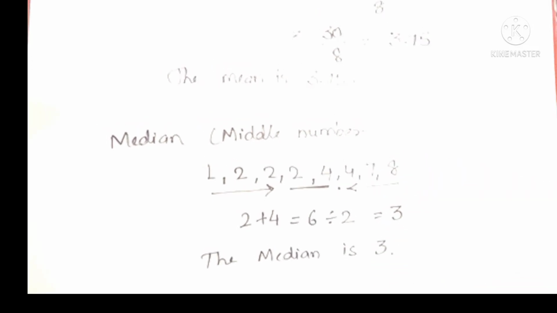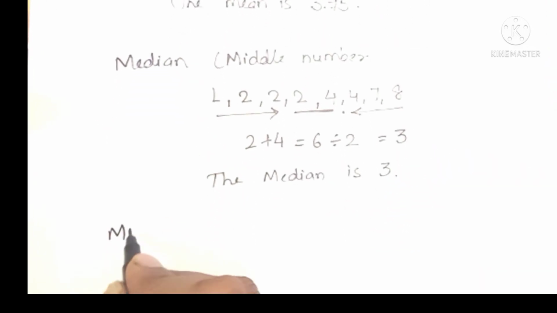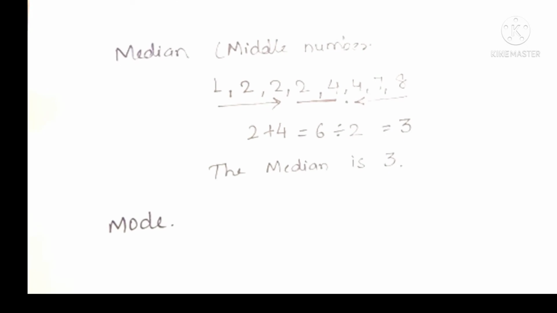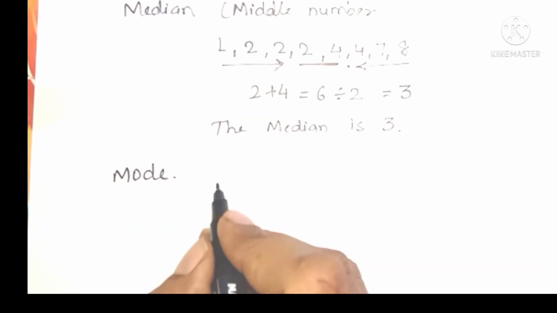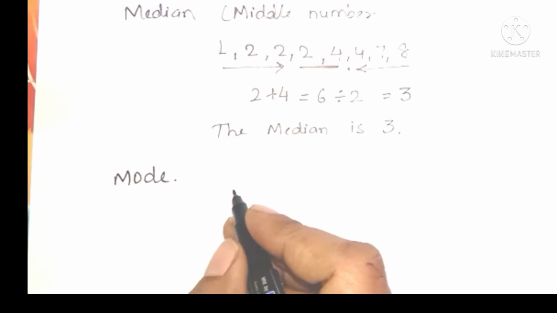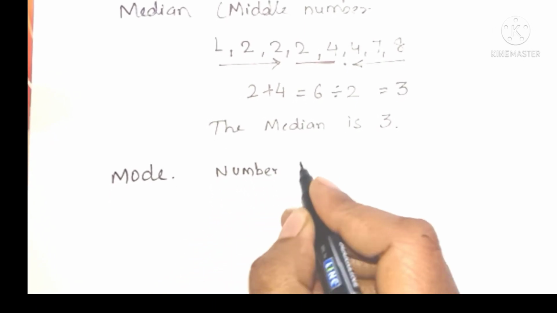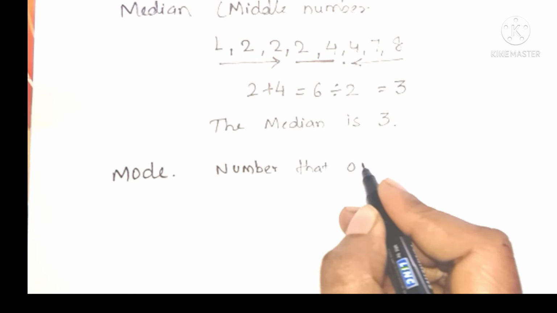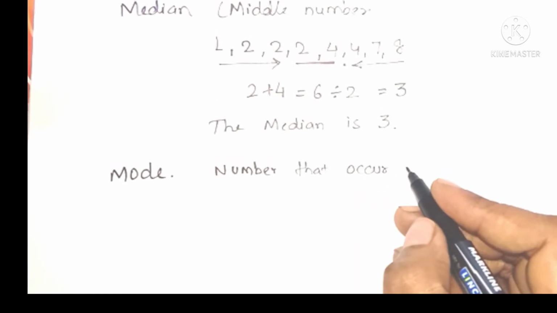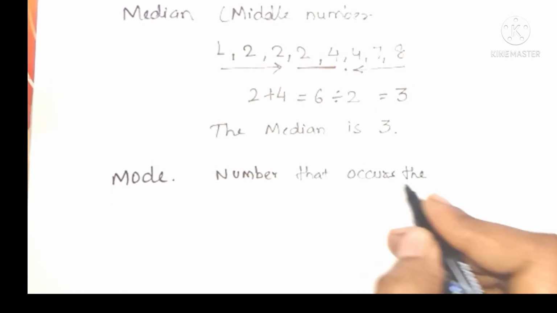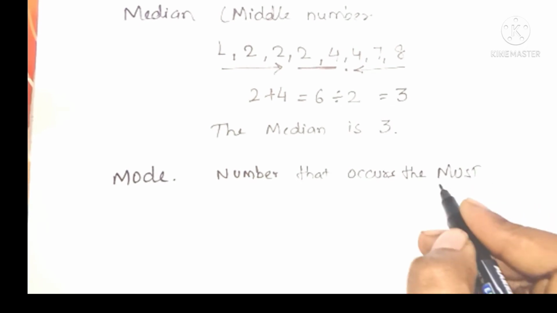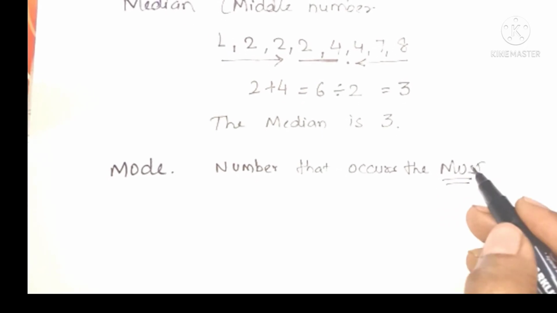Next, find out the mode. Mode means the value, or we can say the number, that occurs the most, or the maximum number of times.